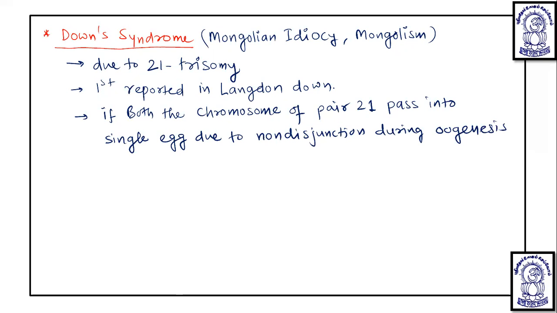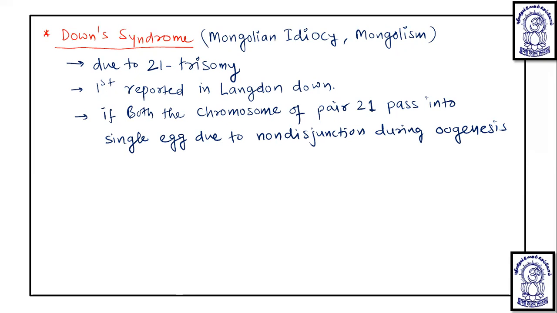Non-disjunction during oogenesis means that when meiosis occurs, the two chromosomes of each pair are going to separate, and only one chromosome is going to enter one egg cell, and in another egg cell, the other chromosome will enter. Both chromosomes of any pair are not going to enter one egg cell or one particular gamete.